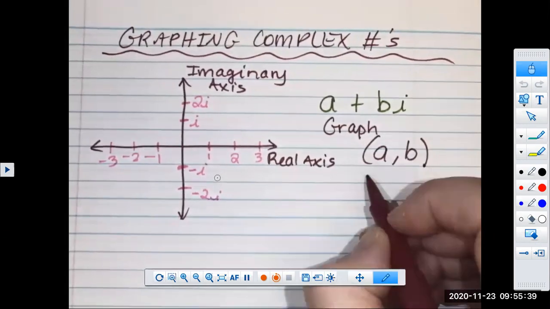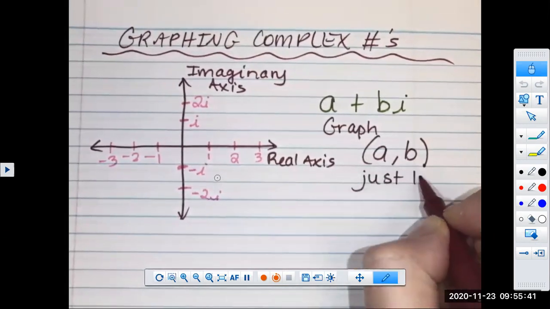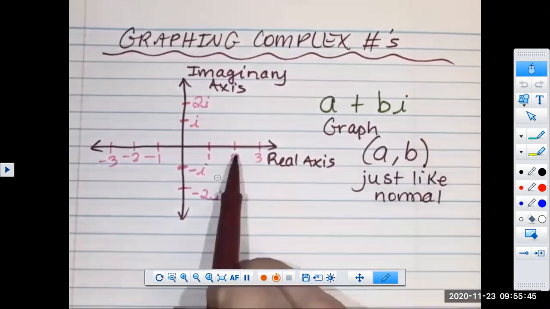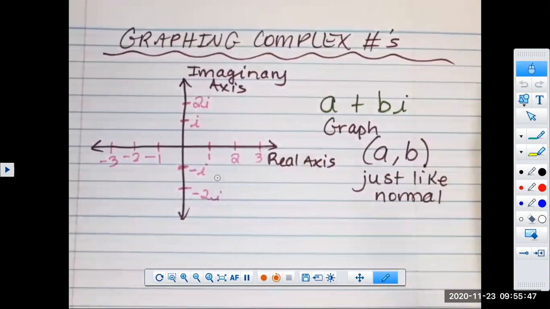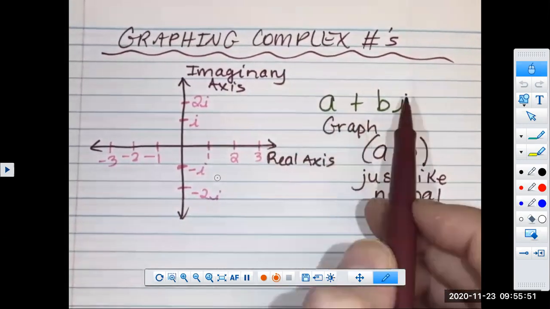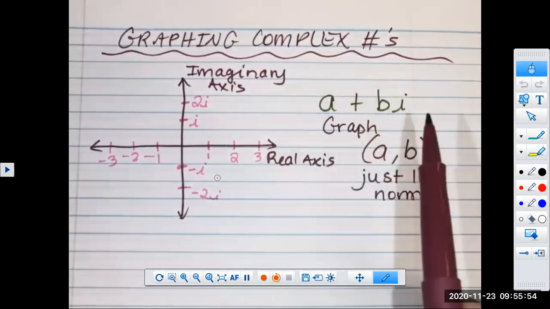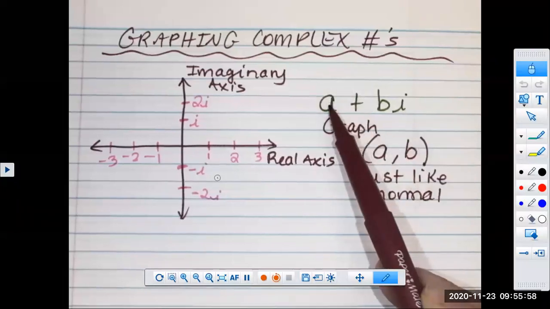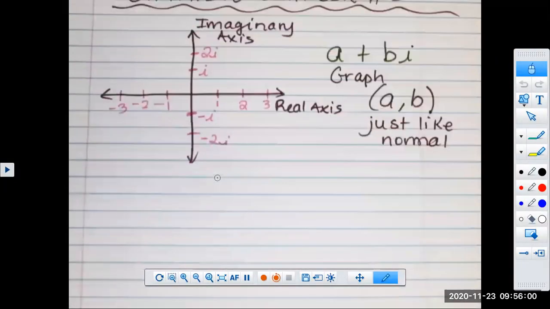So you graph (a, b) just like normal. The only difference is this is called the real axis and not the x-axis, and this is imaginary, not y. That's the only difference. So graph your point (a, b). Notice you don't take the i. It's just a and whatever the coefficient of i is.